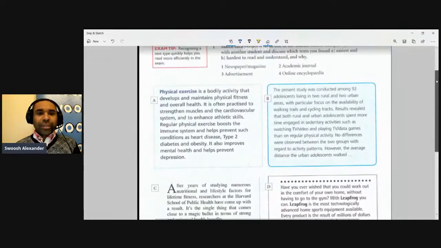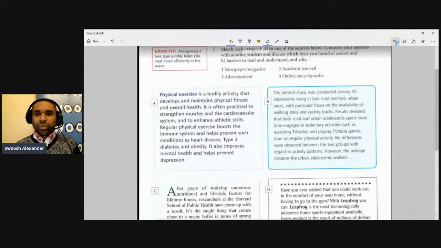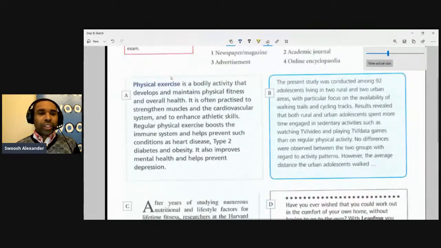So looking at A then, we can see physical exercise. So there's a clue in the font. It starts with a different color, and then it goes on to give a definition. So this sort of structure we'd expect to see in an online encyclopedia.